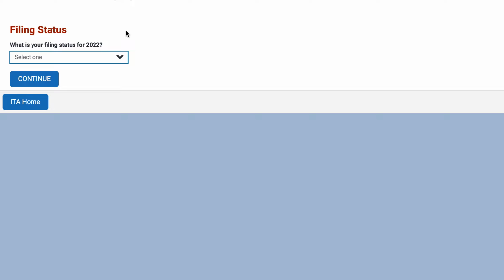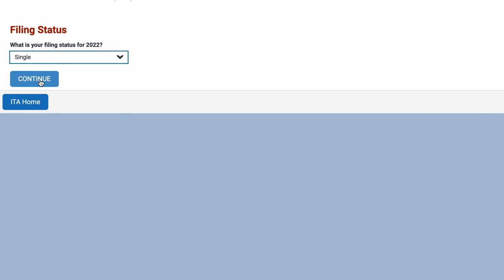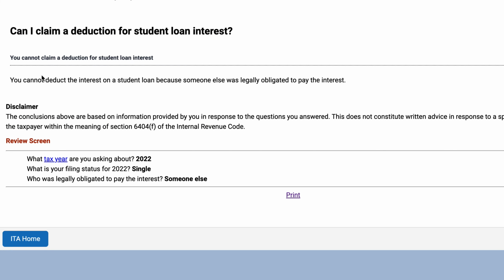So the first question, we did select the most recent tax filing year, which would be 2022. We're going to indicate single taxpayer as your tax filing status. And then now, who was obligated to pay the interest? Was it you as the taxpayer, or was it someone else? So if someone else is legally obligated to pay the interest, let's see what the tool says.